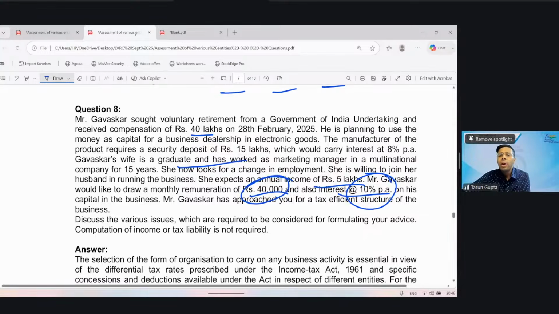But in this case, the wife has an experience of more than 15 years, so clubbing shall not apply, and the remuneration shall be taxable in the hands of the wife only. So all this we have to write in the answer in detailed form whenever the question asks about the structure. We have to discuss what all structures are available and what are the tax implications.